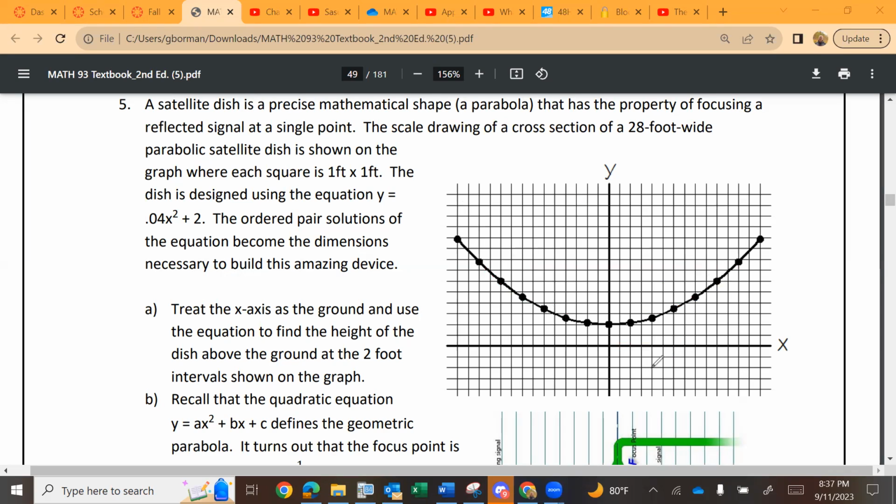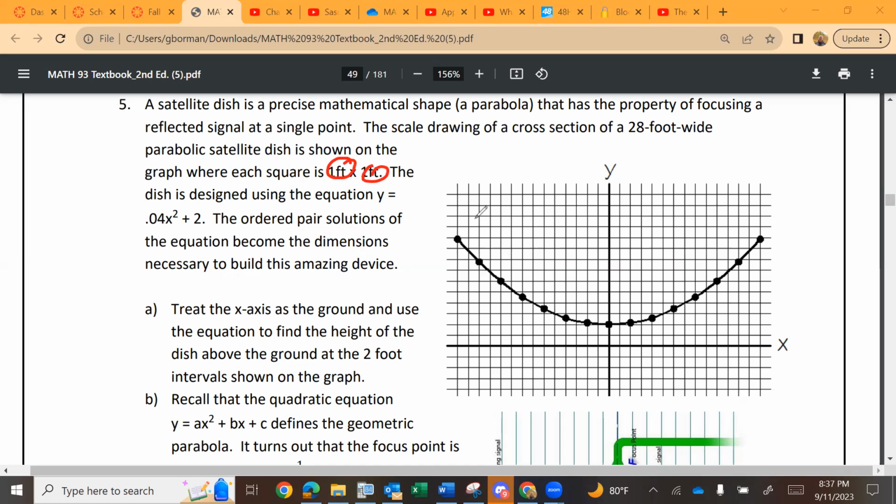It also tells us that the units for the x and y are both feet.